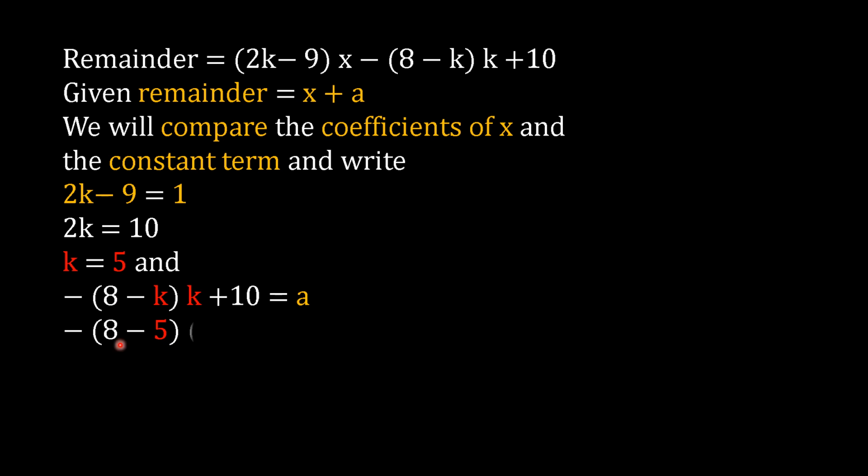So we write 5 in place of k here and 5 in place of k here. So 8 minus 5 is 3, and minus 3 multiplied by 5 is minus 15, plus 10 equals minus 5, which gives us a equals minus 5. So these are the values: a equals minus 5 and k equals 5.